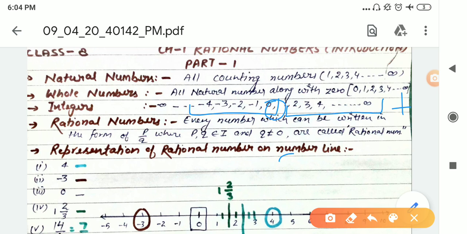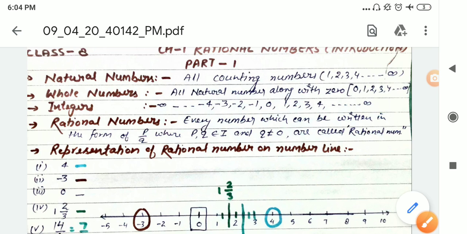Zero is a signless integer, as you know. So there are three types of integers: positive integers, negative integers, and zero, or we can say the signless integer.